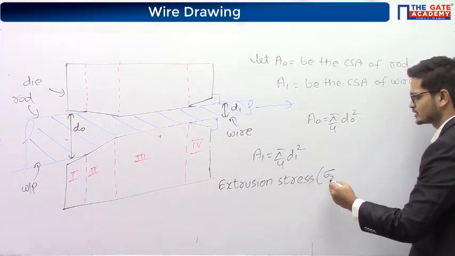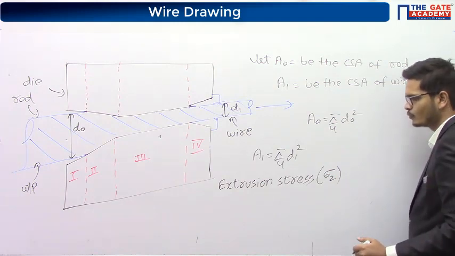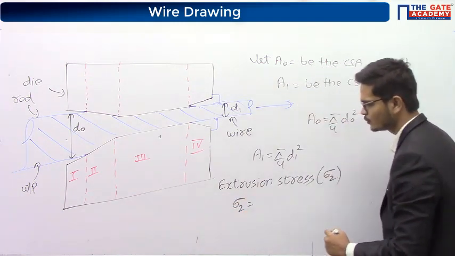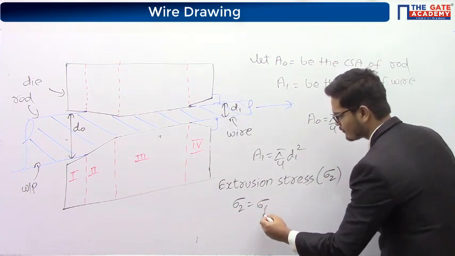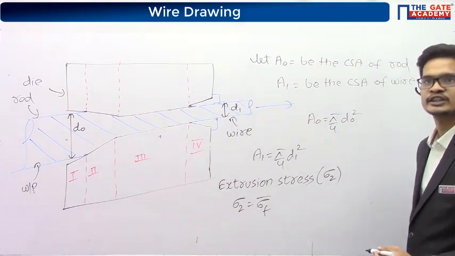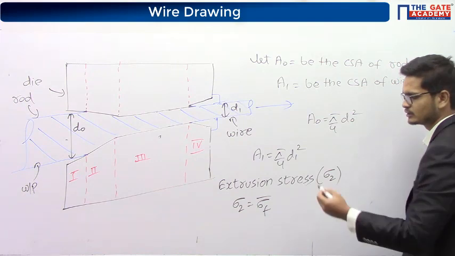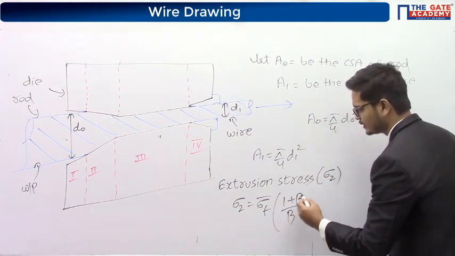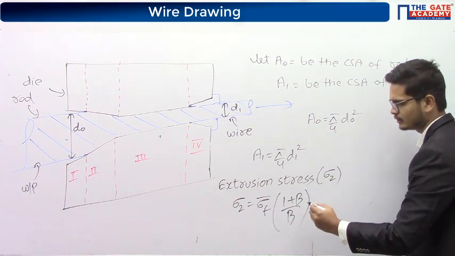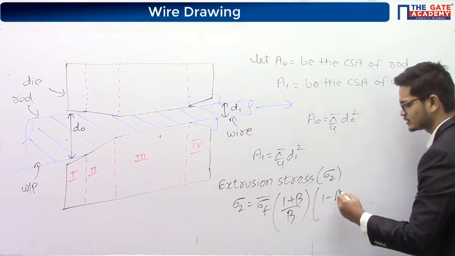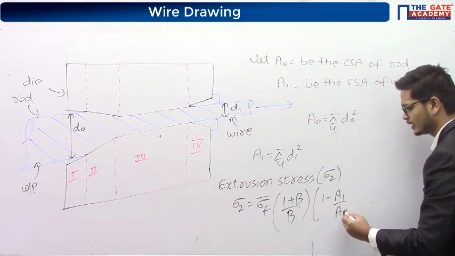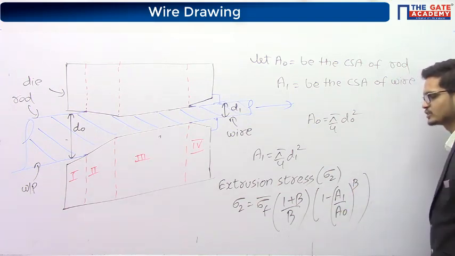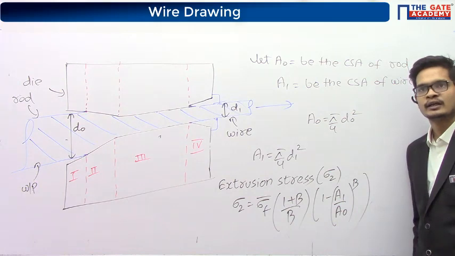Let us take this as sigma 2. Sigma 2 is equal to sigma F bar, where sigma F bar is the average flow stress, times (1 plus V by V) times (1 minus (A1 by A0) to the power b).